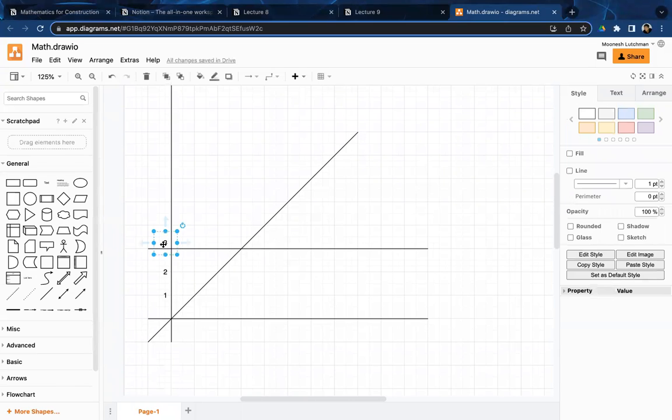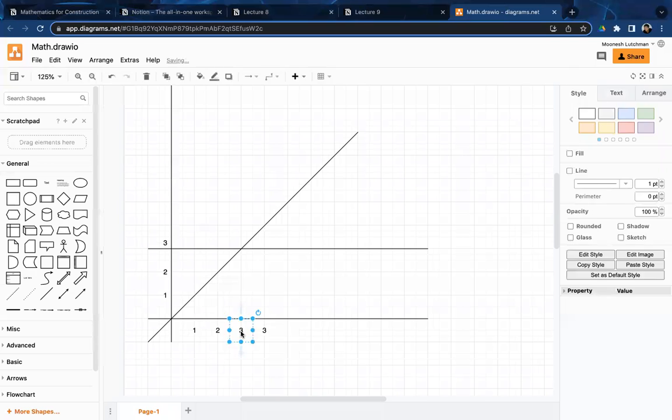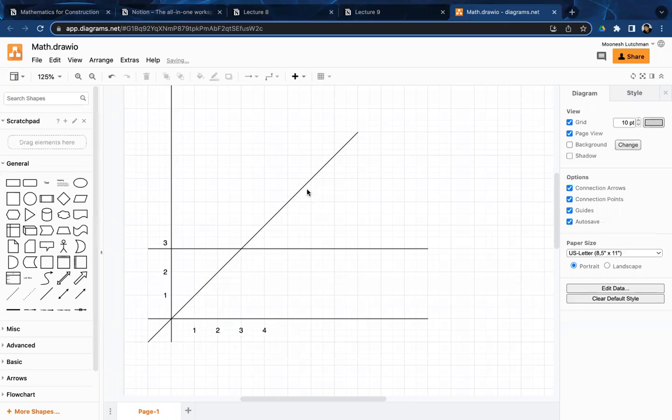So if I represent these numbers here, for y equals 2x, when x is 1, y will be equal to 2, right?